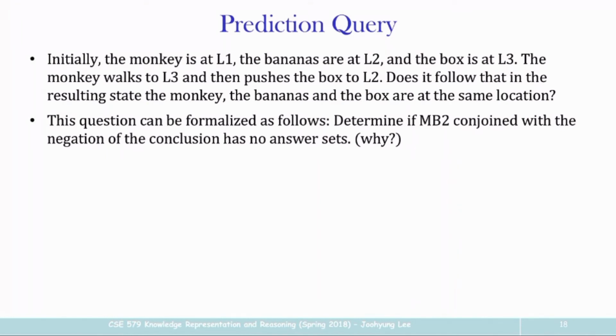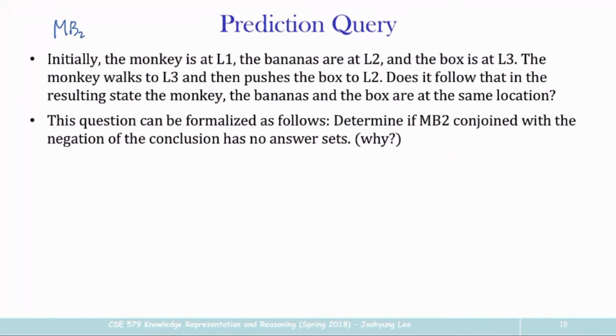This question can be formalized as follows. The monkey and bananas domain when m equals 2, which I'm going to call MB2, conjoined with the negation of the conclusion has no stable models. MB2 is the full domain description.